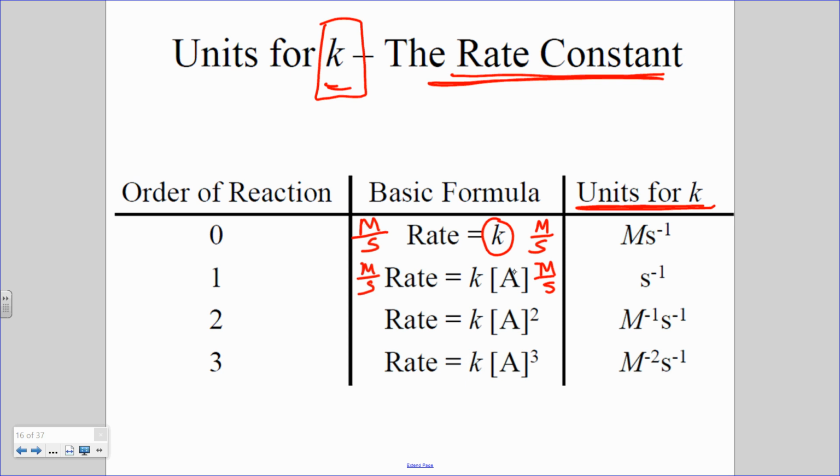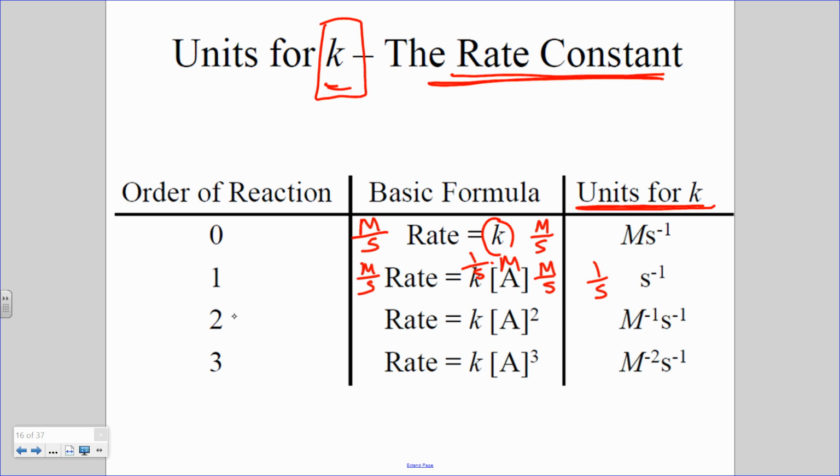Since this gives you the molarity, K has to just be 1 over seconds. And if we go back and look at that, if this is molarity, this has to be 1 over seconds, and you multiply those two, and you get molarity over seconds. So K has to be 1 over seconds, or seconds to the minus 1.